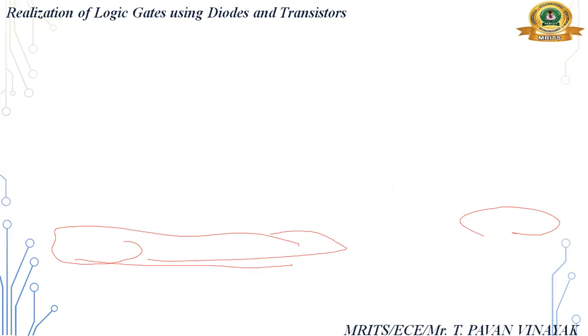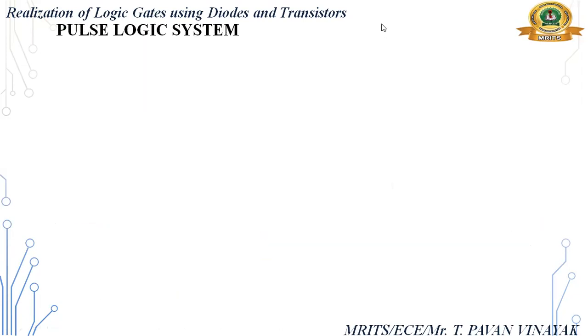So what is the pulse logic system? Whenever there is a pulse like this, we consider it as a high input, meaning logic 1. Whenever there is no pulse, it is considered a low value, logic 0.